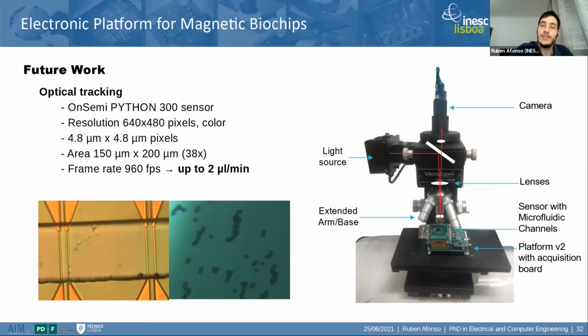The best way for us is to see the interaction between the magnetic particles and the sensor, and create a database to say, okay, if you detect this type of event, it is X. If you detect these, they are just agglomerates, or there is nothing, and so on.